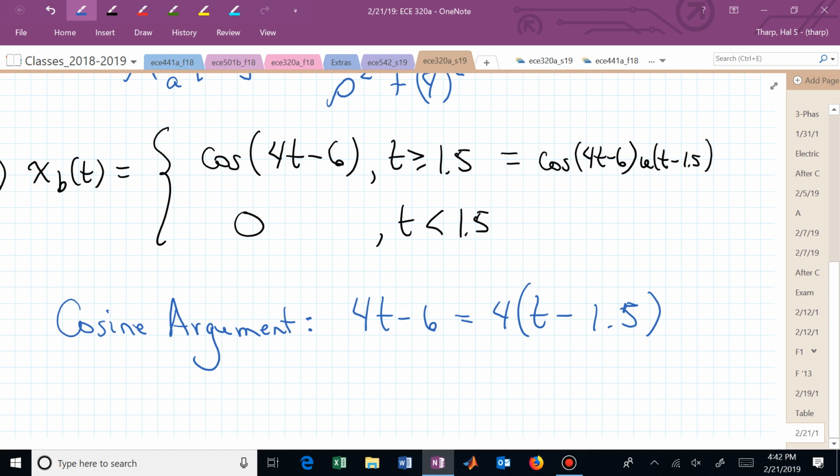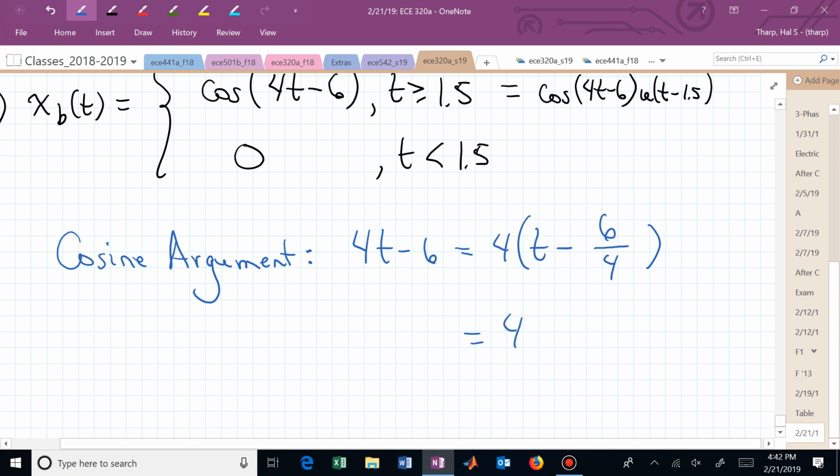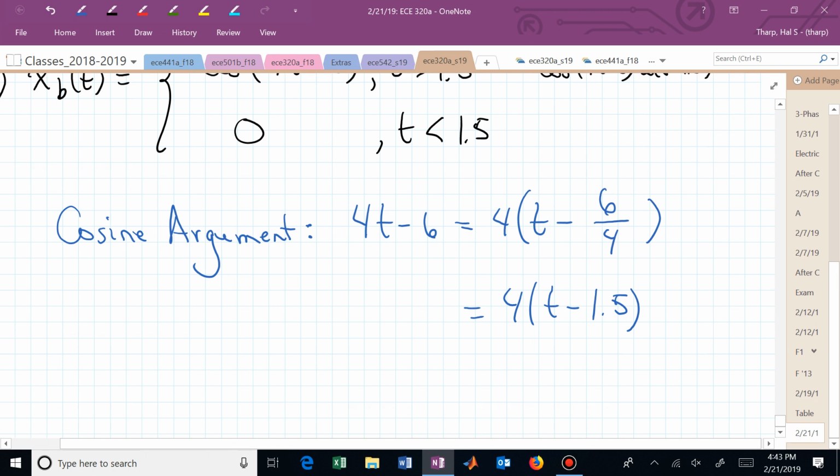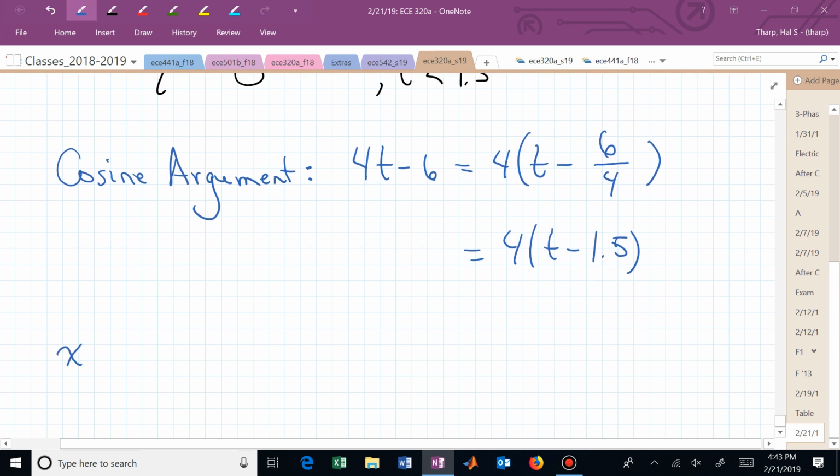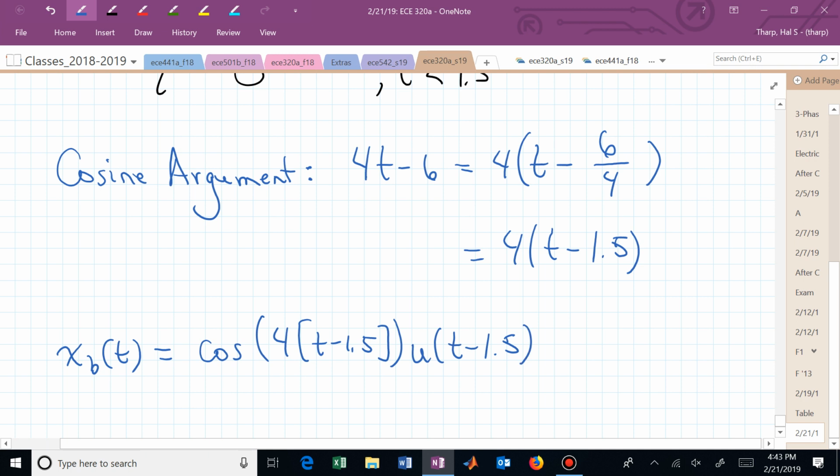Or maybe I should do it in a couple of steps. This is now 6 over 4, so that it's clear what I've done. Or we can now rewrite x sub b of t as cosine 4 times (t minus 1.5) times u of t minus 1.5.